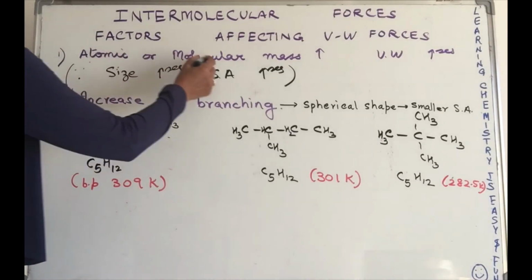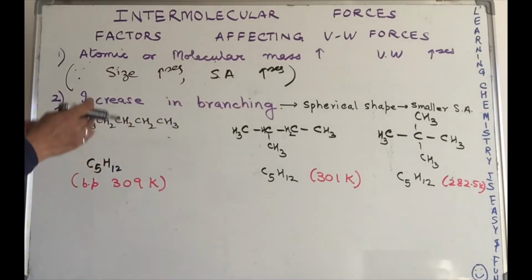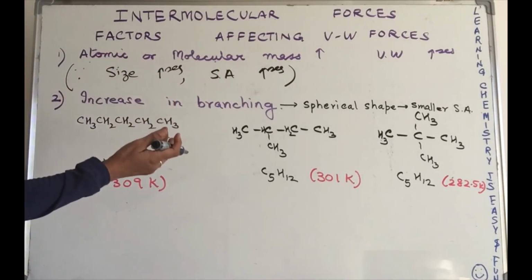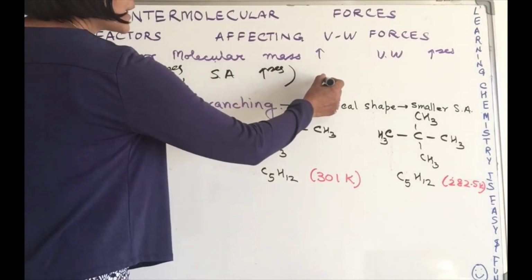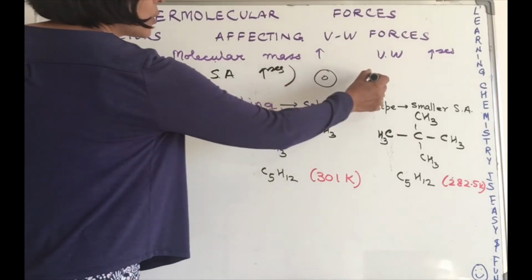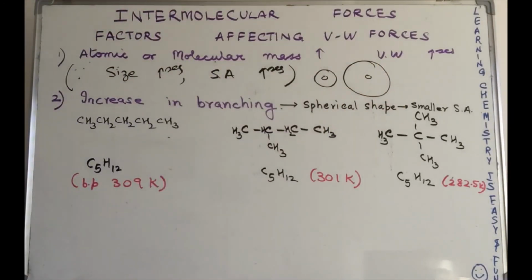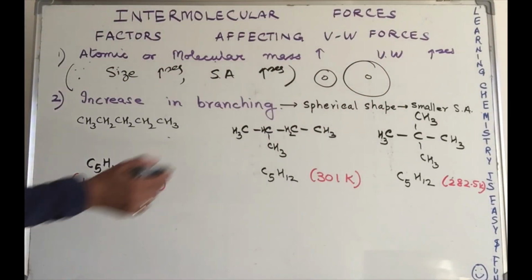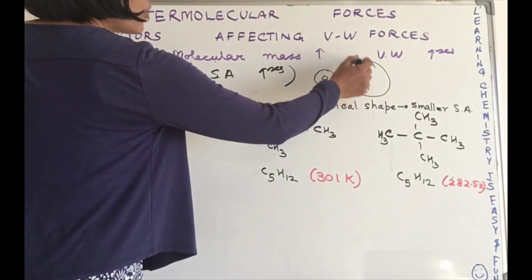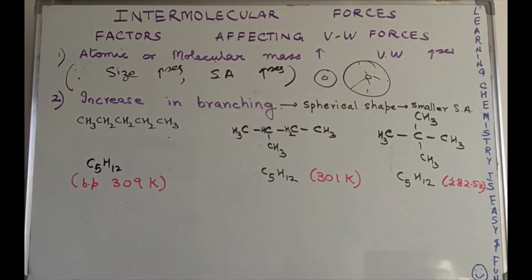With increase in molecular mass, when the molecular mass or the atomic mass increases, the size of the atom or the molecule also begins to increase. With the result, the dispersal of the charge is more.